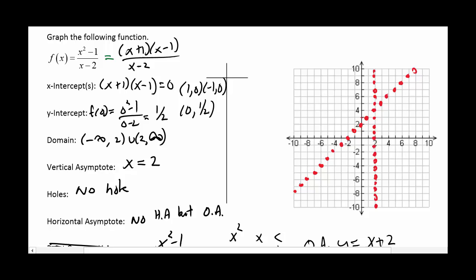Okay. Now let's go to our points. I can see points at (1, 0), so right there, and at (-1, 0), and at (0, 1/2), and that's about it.